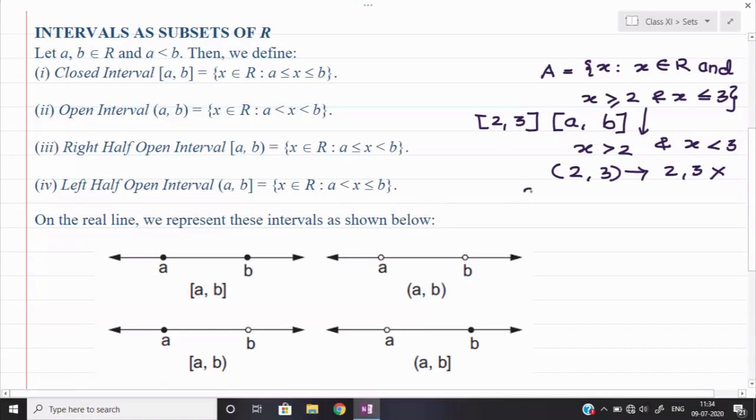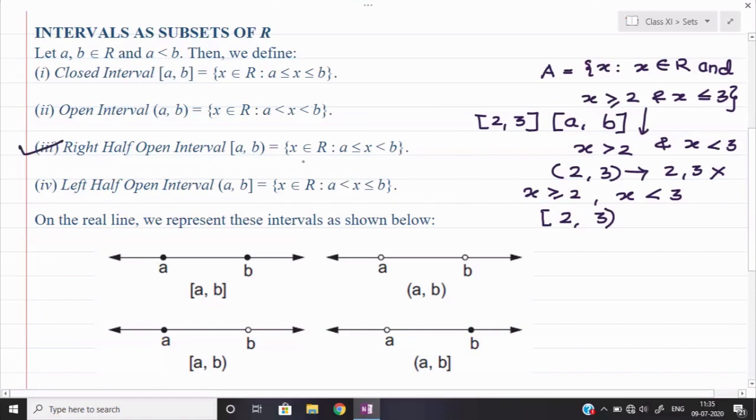Similarly, if I say x is more than or equal to 2 but x is less than 3, here they are saying the value will include 2 and the higher values, but 3 will not come. That is called the right half open interval. So here 2 will come in the closed interval and 3 will come in the open interval. This is the mixed interval they are talking about. So observe the third point.